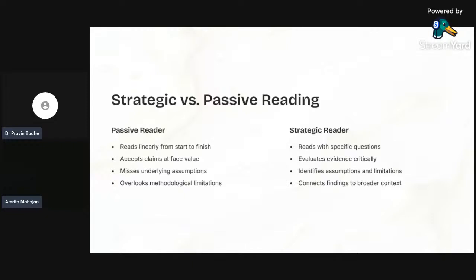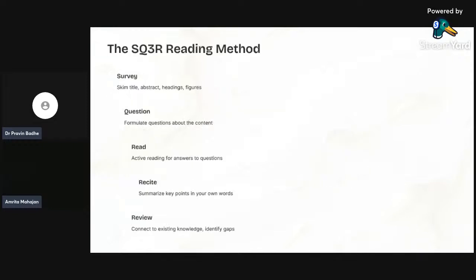It also helps in evaluating evidence critically, identifies assumptions and limitations as well, and connects findings to the broader context. Whatever your research area of interest is, this type of reader will go into a much broader context to make their research of very high quality.